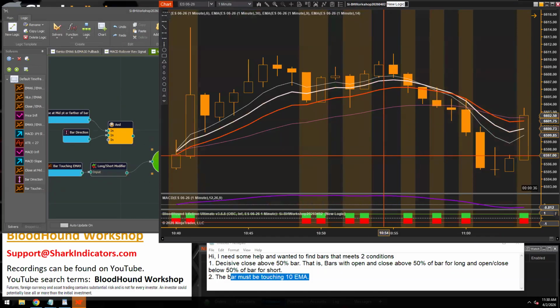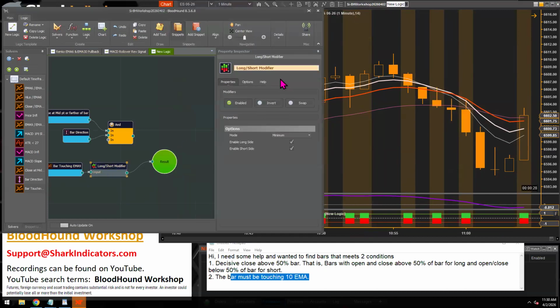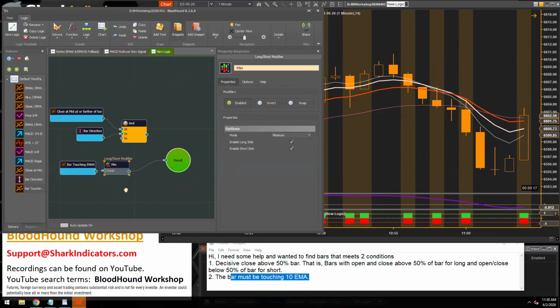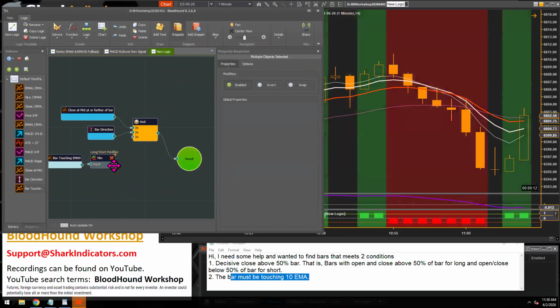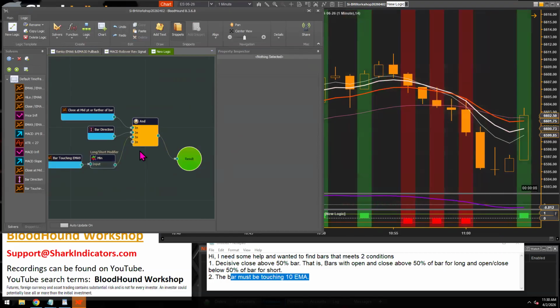And when we do that, there we go. We're left with only the long and the shorts at the same time. So the mode is set to minimum. We can push that back and connect that in, and there we have it.